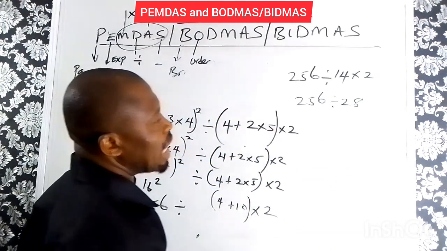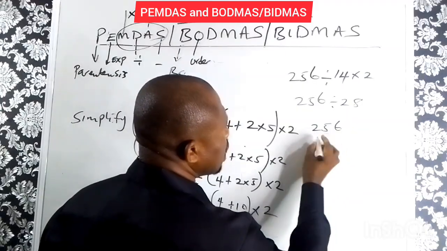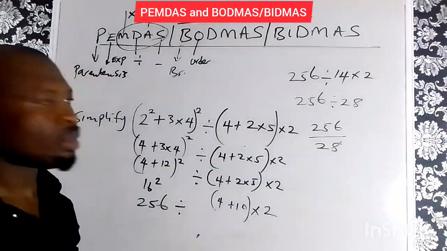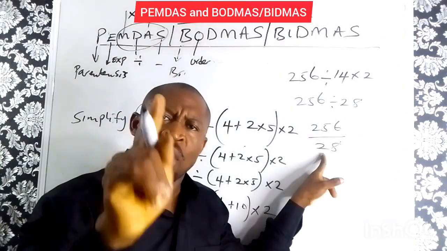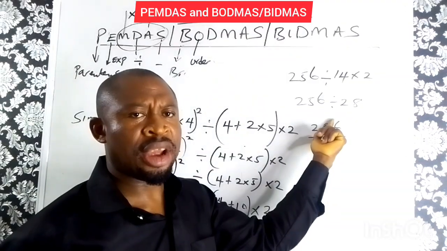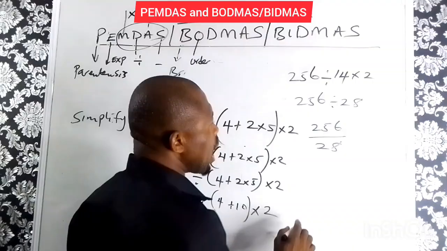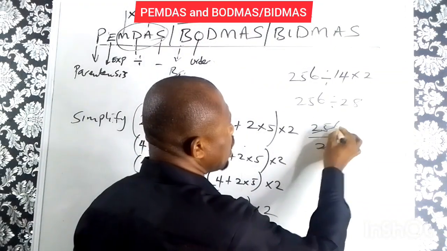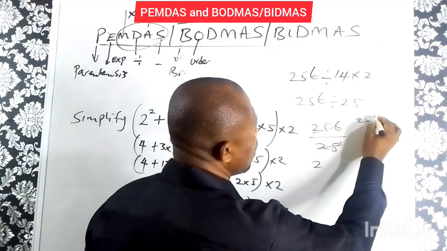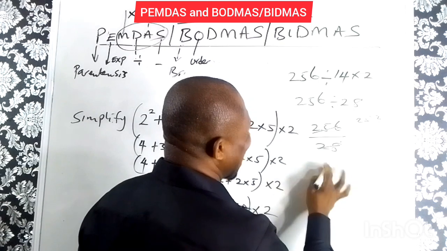At this point, we now have 256 divided by 28. The question we'll ask ourselves is, how many 28s are here? And of course, there are 9 28s here. So 28 times 9 will give you 252, which gives us a 9 whole number.